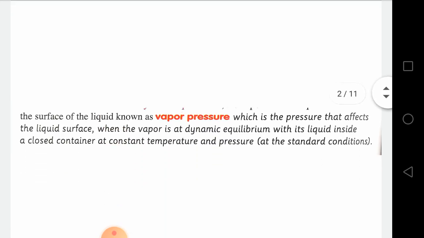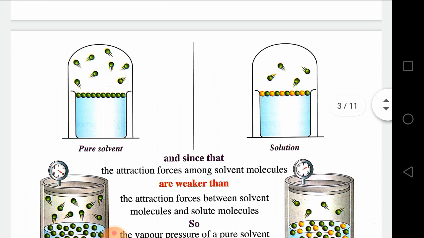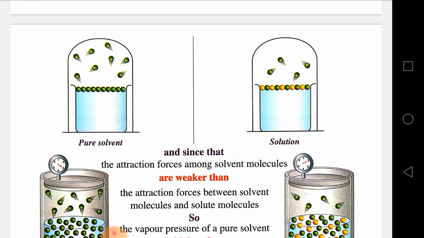Here, a figure illustrates the pure solvent and the attraction force of the surface molecules, some of which evaporate and go up as vapor, while when we add any solute to this solvent, the distribution of the particles or ions of this solute will increase the attraction force between the solute particles and solvent particles, which limits the vaporization of solvent particles.